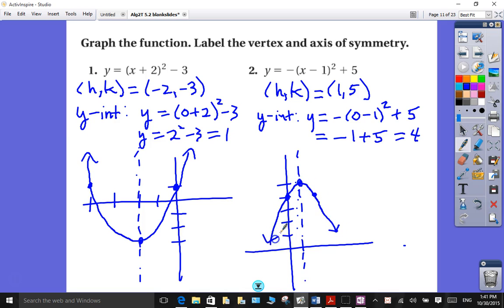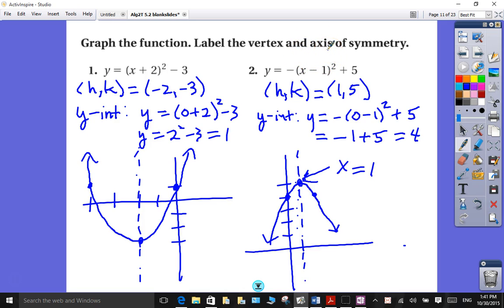Oops, that's bad. Because in the formula, it's x minus h.